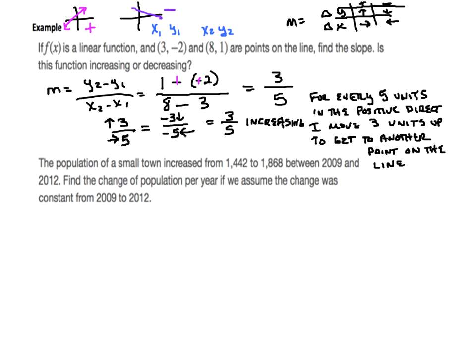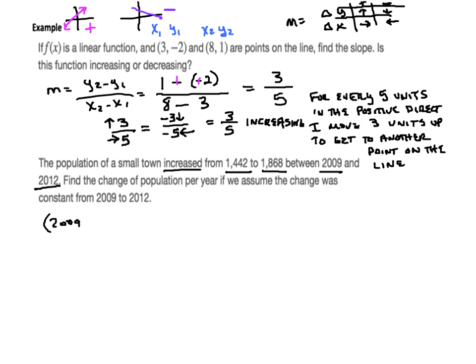All right, so let's look at the population here. The population of a small town increased from 1442 to 1868 between 2009 and 2012. So that's setting up your 2 points right there. You have time. Time is always your input.